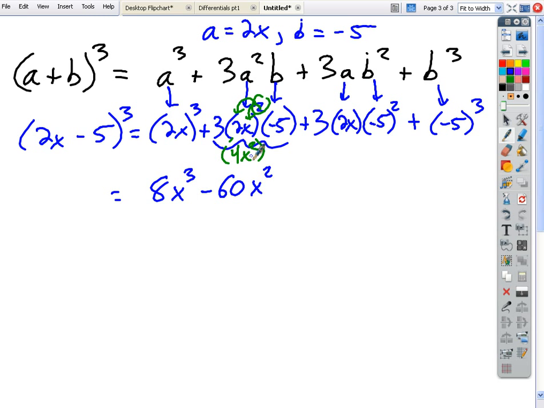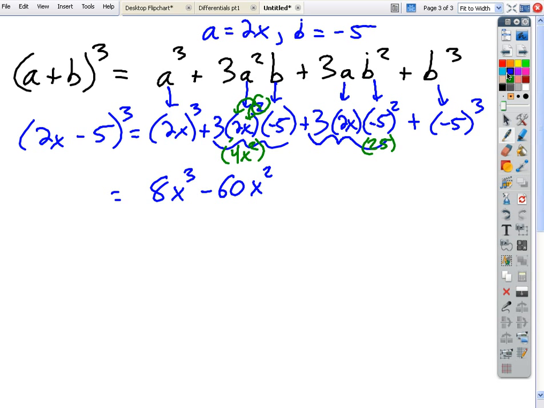Okay, what about this guy? Negative 5 squared is 10. Okay, no, it's 25. So this one can get replaced by a 25. So 3 times 2 times 25 is 150.